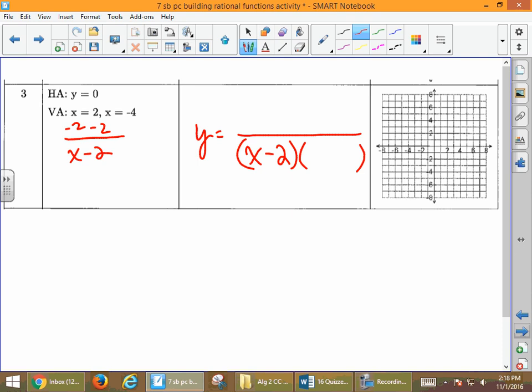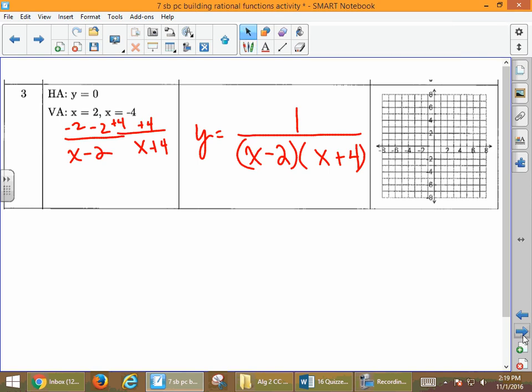We can also look at x equals negative 4, and it's going to be a tight squeeze here for me, but we can add 4 to both sides, and we get x plus 4 here. And then we have y equals 0, so what could we put up there? Because y equals 0 is just like the previous 2, we can put a 1. You do not need to multiply those out.